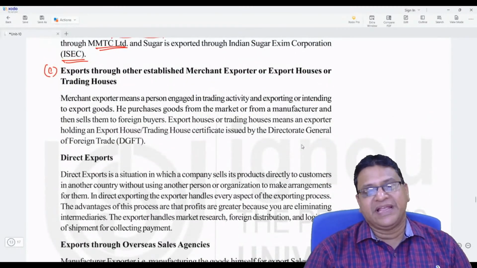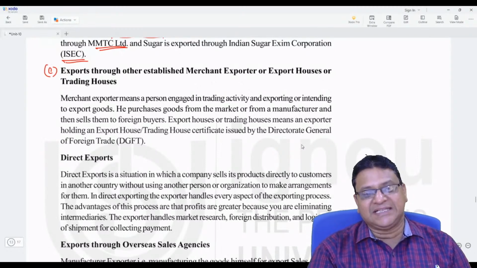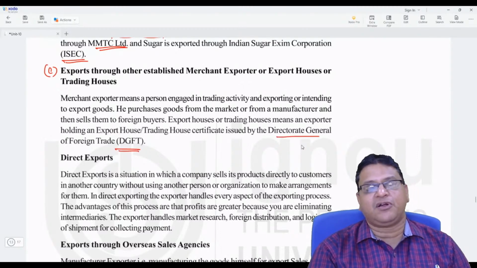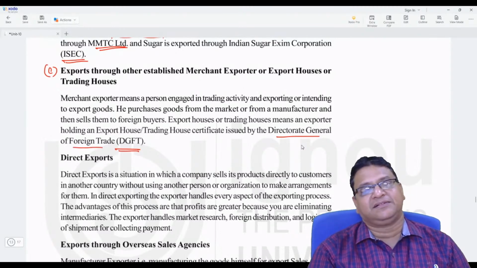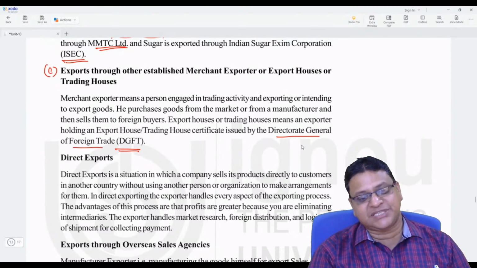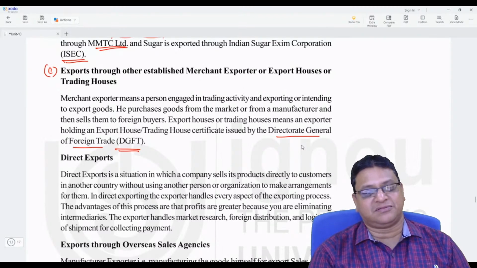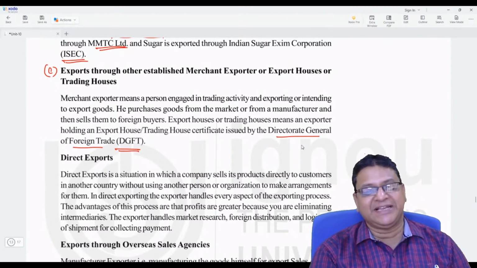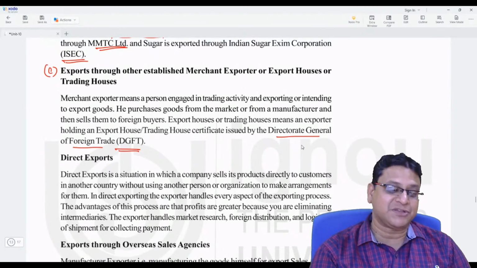Merchant exporter, export house or trading house are designated agents by DGFT, Directorate General of Foreign Trade. With the help of these houses, you can export your product. But if you go through intermediaries for exporting, you have to pay some fees to them.